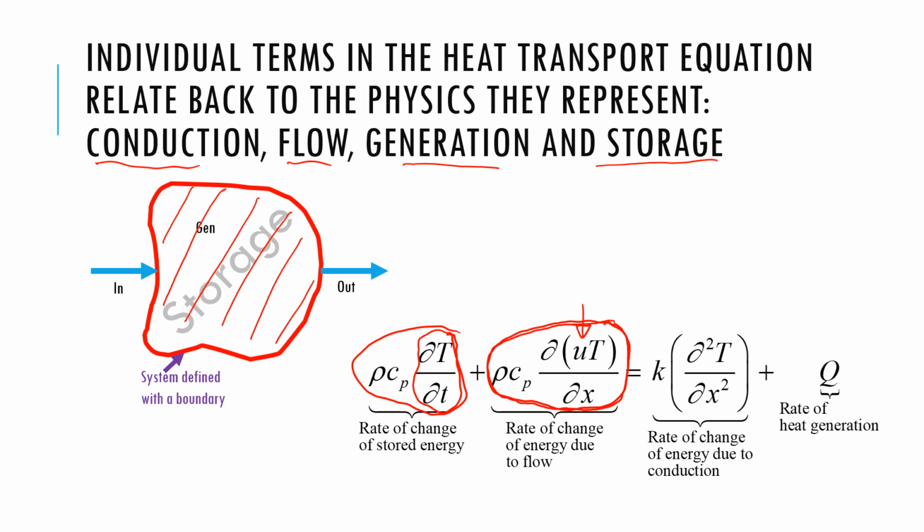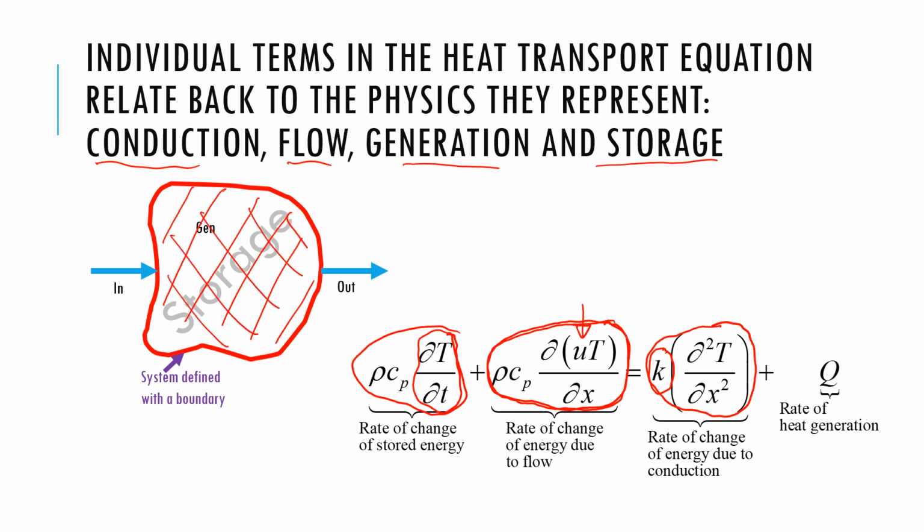So the energy flowing in and energy flowing out, their difference, and the time rate of that is what this term is. Then the third term, you see, has thermal conductivity. So that must relate to the thermal conduction. So what this term represents is rate of change of energy due to conduction in this control volume. Okay.